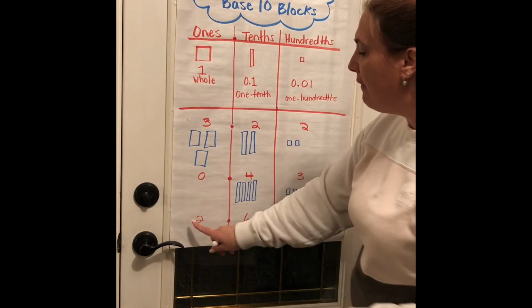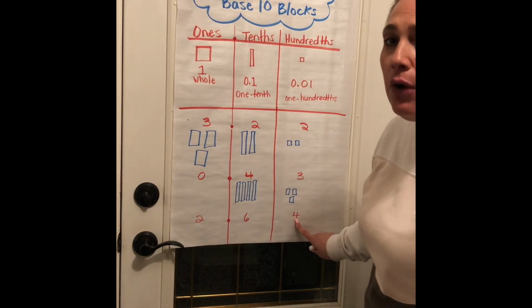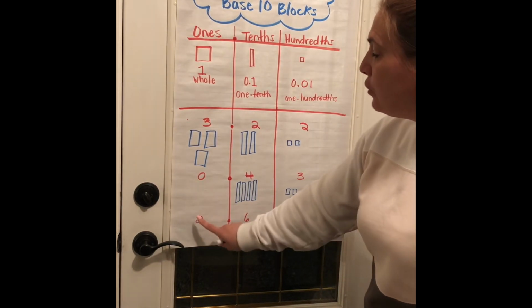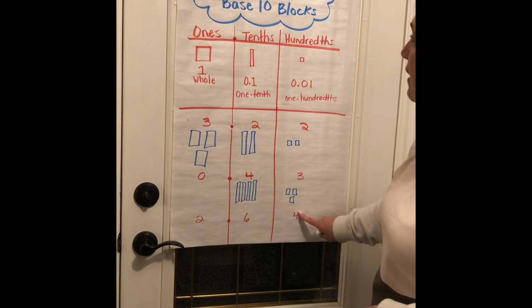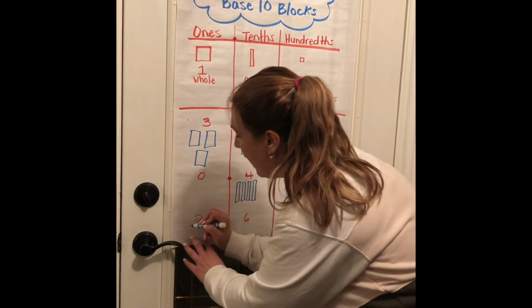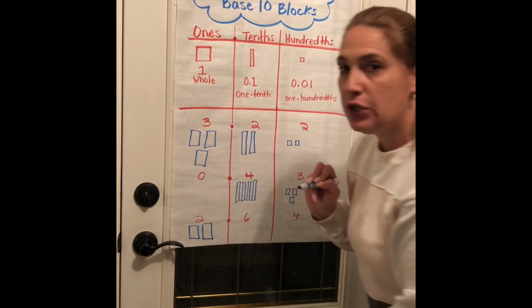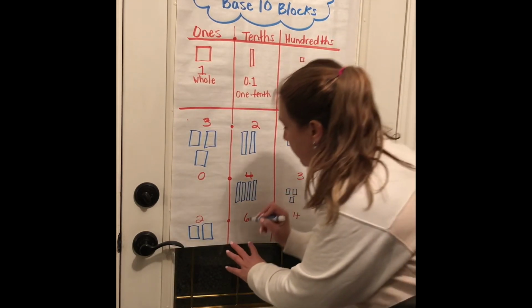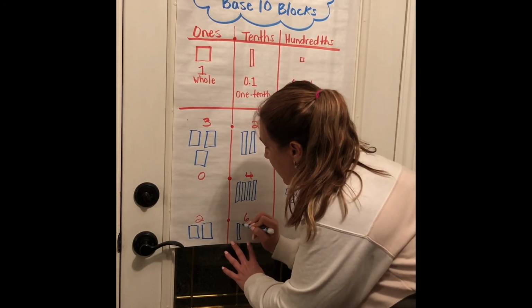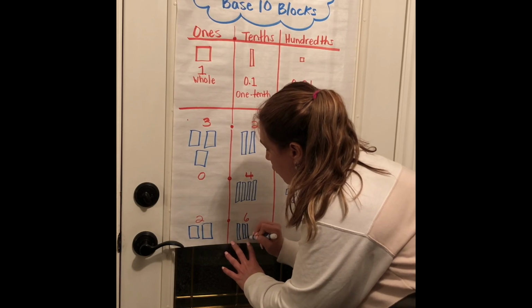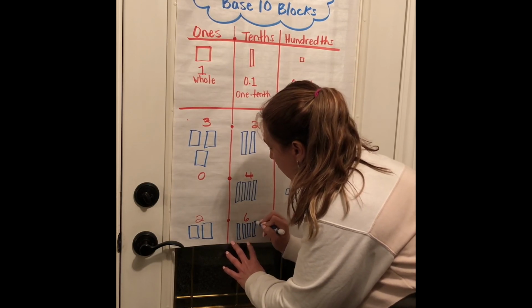Here we have 2.64, or properly we say 2 and 64 hundredths. We draw 2 wholes, so 2 whole groups of 100. 6 in the tenths column, so we draw 6 rods.